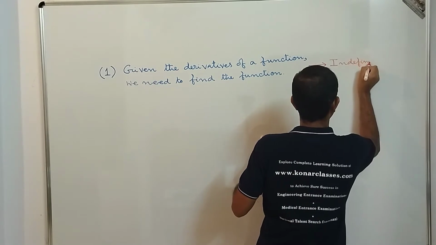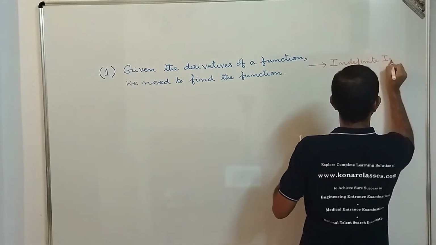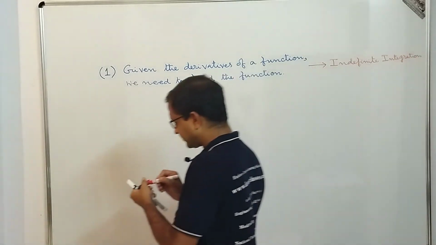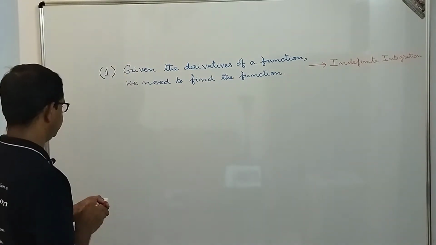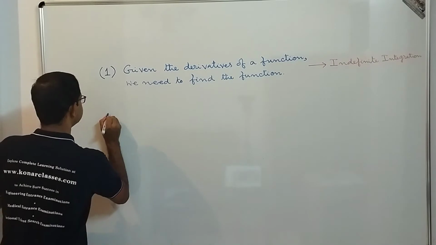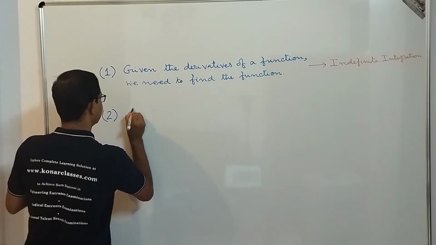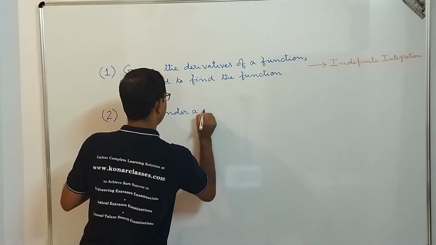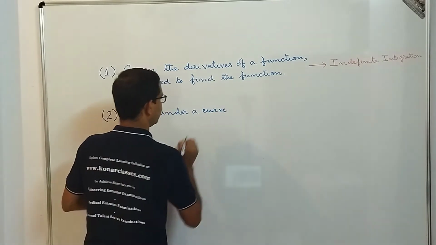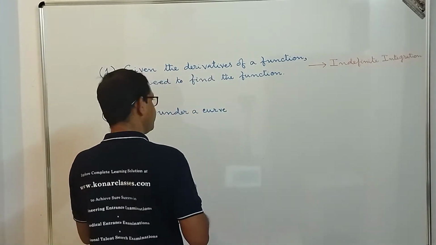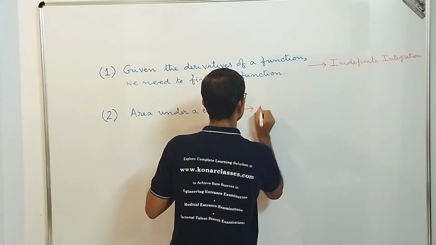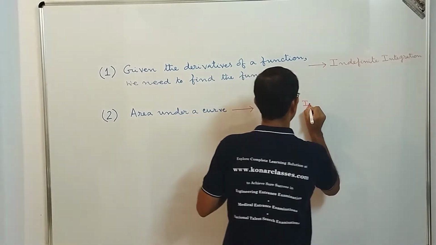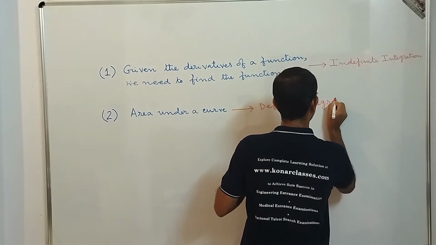Now the second one is area under a curve, and that leads to definite integration.